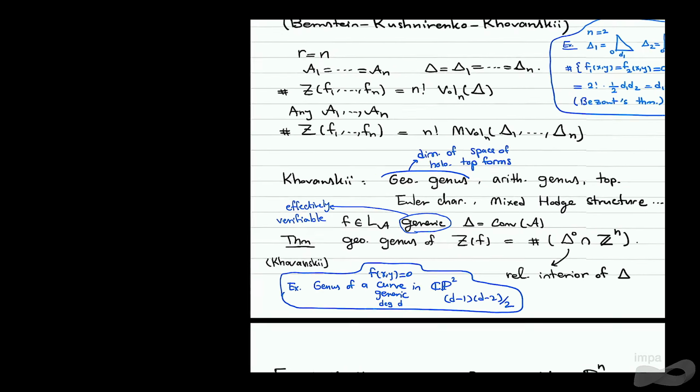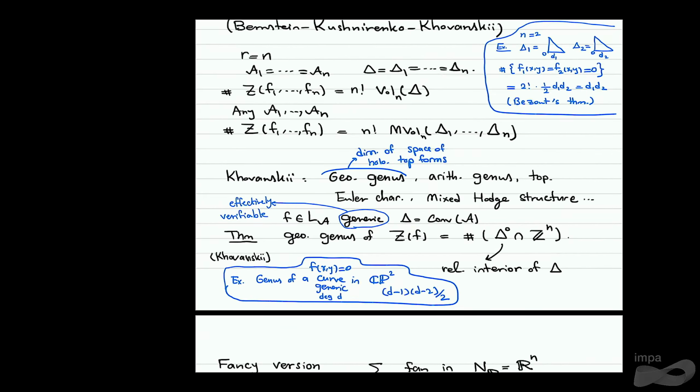So genericity is verifiable and can be defined. It's not just that for some choice of f's you have the bound.